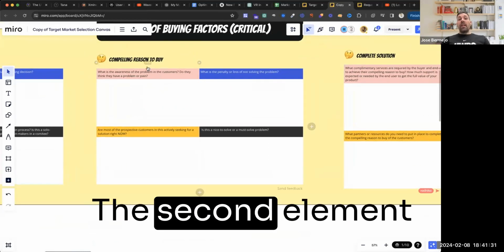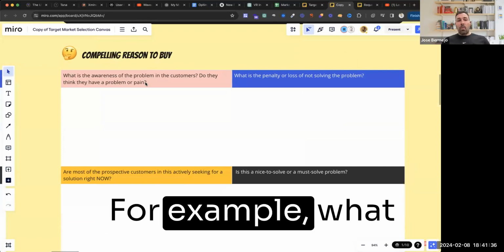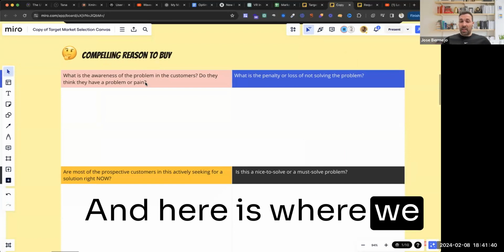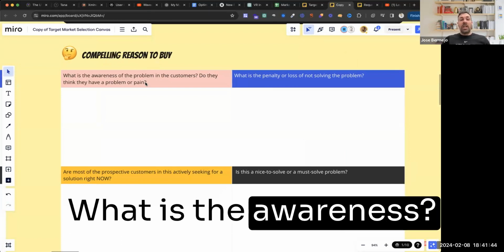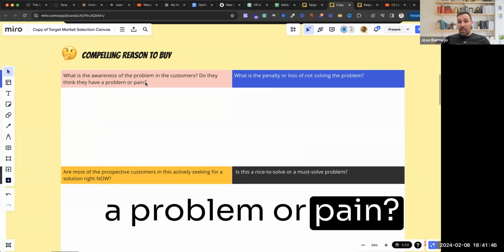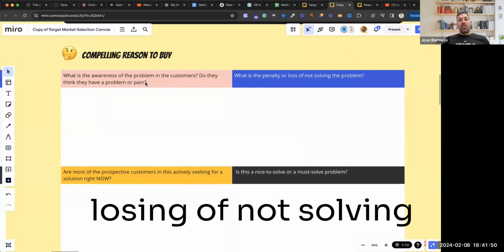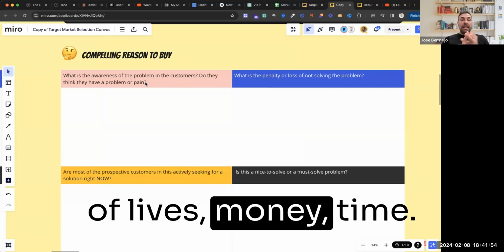The second element is a compelling reason to buy. For example, what is the awareness of the problem in the customers? And here is where we start the discussion that you were mentioning. Do they know they have a problem? What is the awareness? Do they think they have a problem or pain? And what is the penalty? How much are they losing by not solving this problem in terms of lives, money, time?